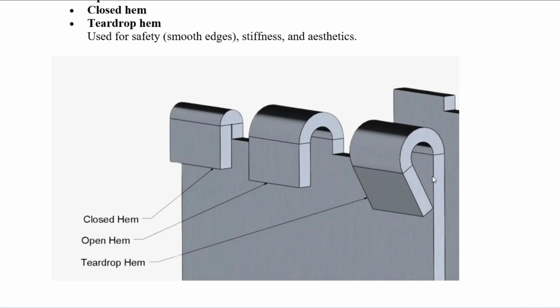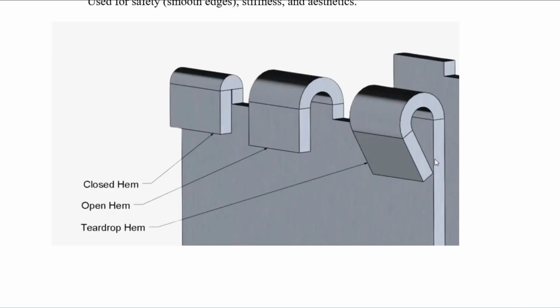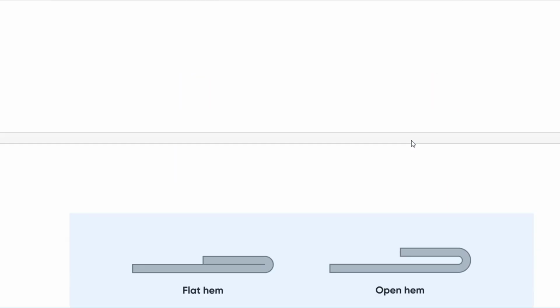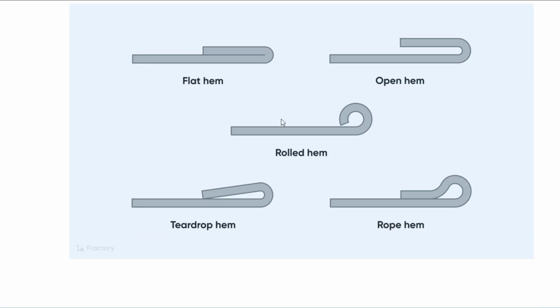In design, most of the time we use the teardrop hem. There are a number of other hemming operations, like a flat hem. This one we call a closed hem or flat hem, and this is an open hem. A rolled hem we also use, and the teardrop hem, and this one is the roped hem.